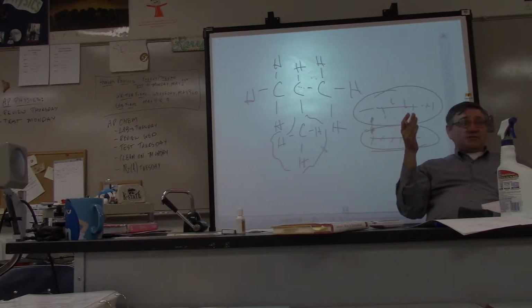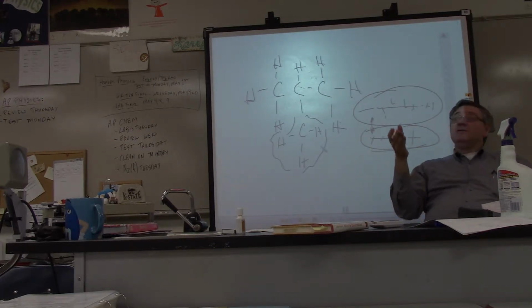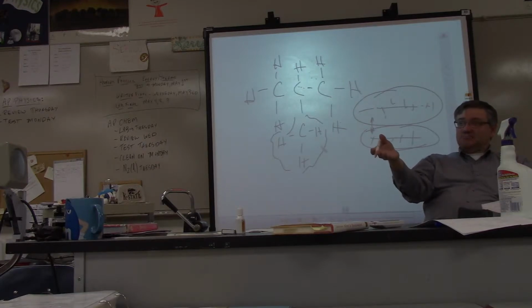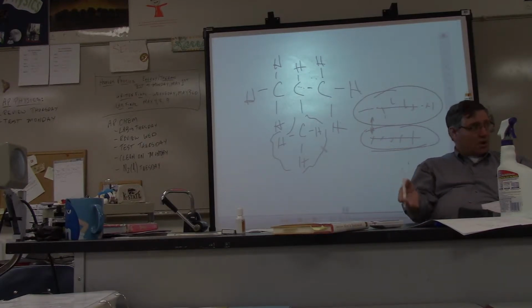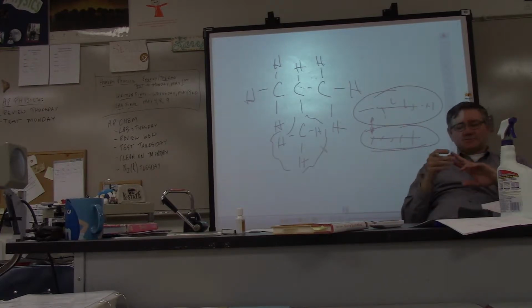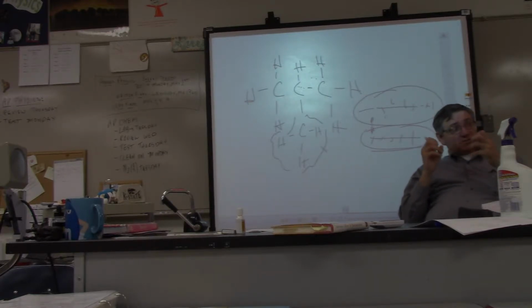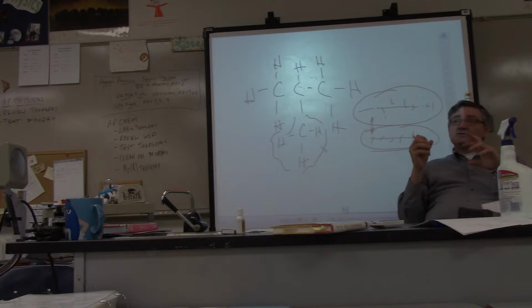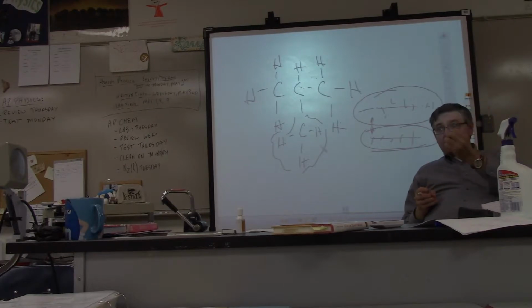For those of you that have ever taken off nail polish, you use acetone. Very distinctive odor to get that nail polish off. So basically what happens is the acetone breaks the bonds that hold the nail polish. On an atomic level, the acetone goes in there and breaks apart the bonds that hold the nail polish together or hold it onto the nail.